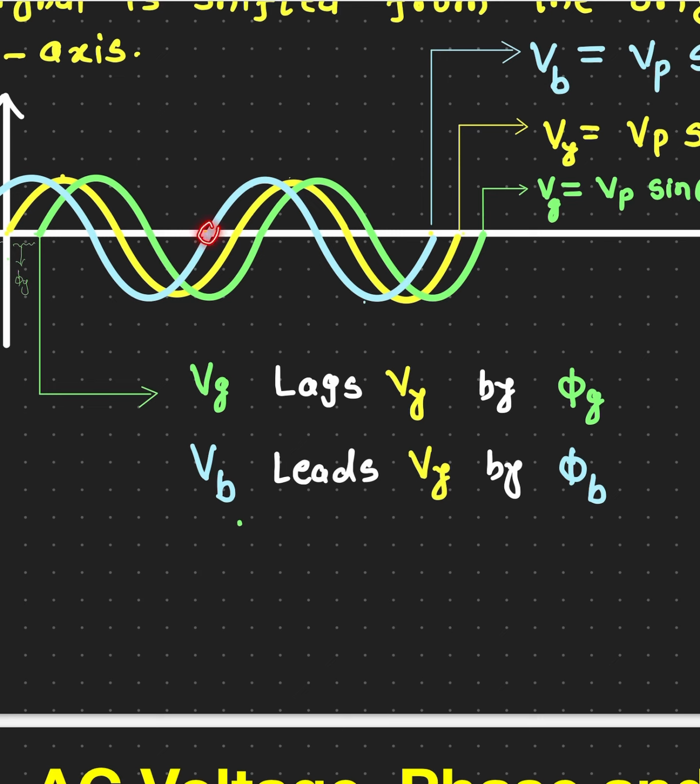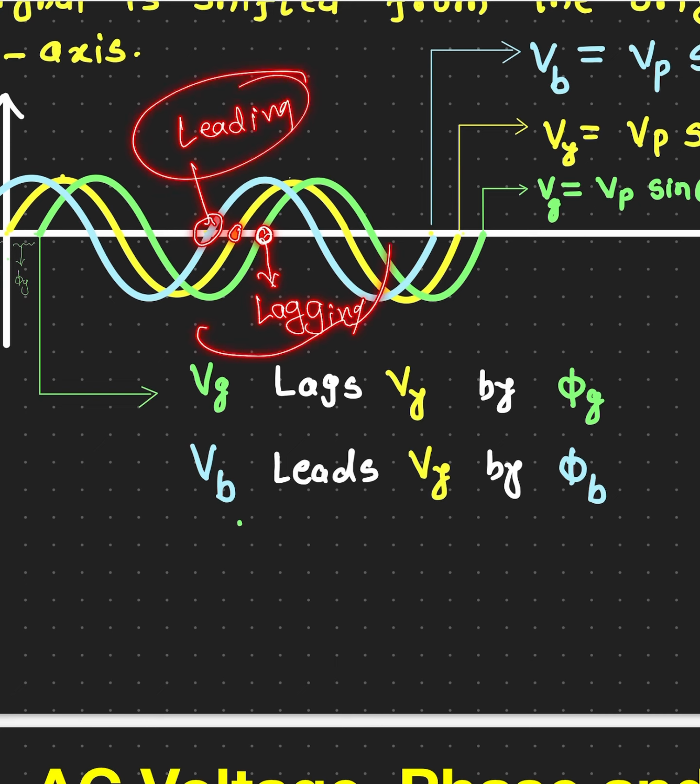If I compare these two signals, then the blue one leads the yellow one. If I look at these two signals, the yellow leads the green one, or we can say the yellow lags VB. So this one is the leading one, this one has 0 phase, and this one is the lagging.